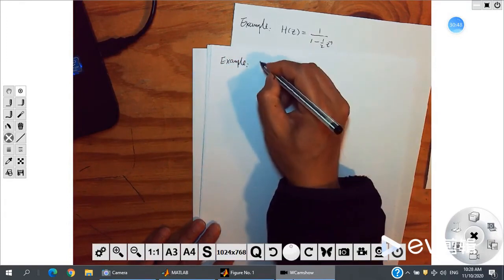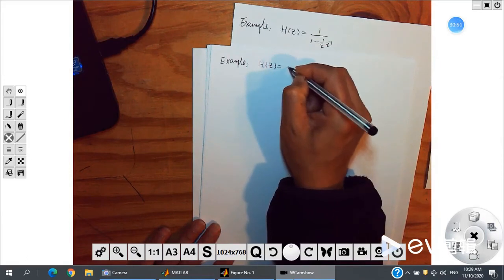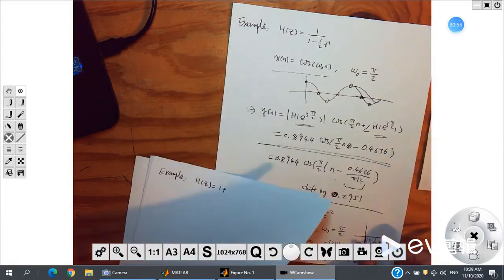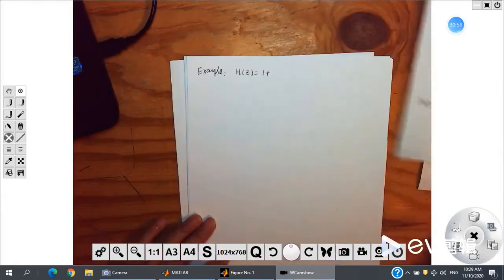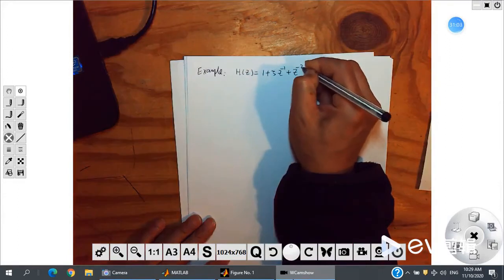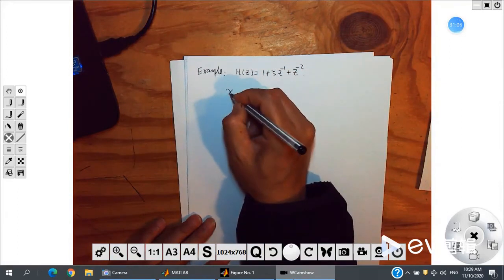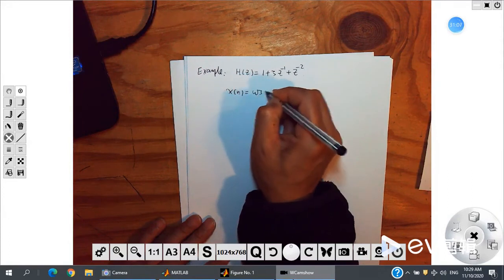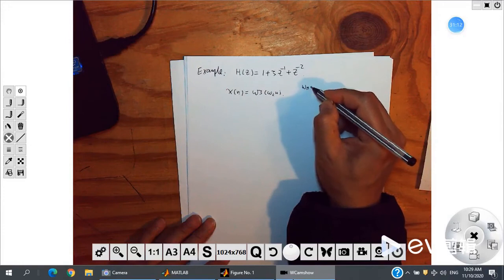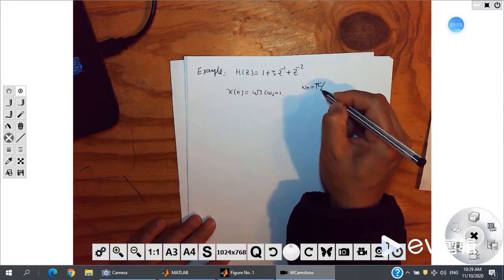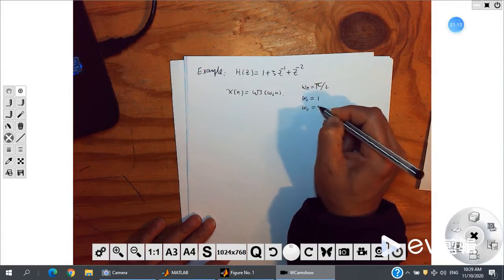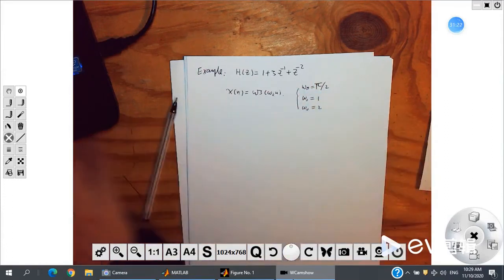Now H of z is 1 plus 3 z to the negative 1 plus z to the negative 2, and the input x of n is cosine of omega 0 n. We have tried omega 0 equal to pi over 2, right? Now we can try different values, like 1, like 2, whatever happens. Yeah, just 1 and 2.